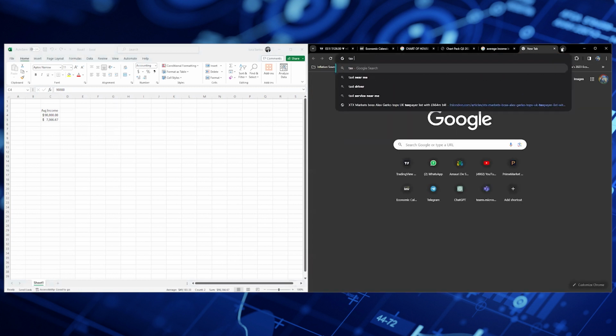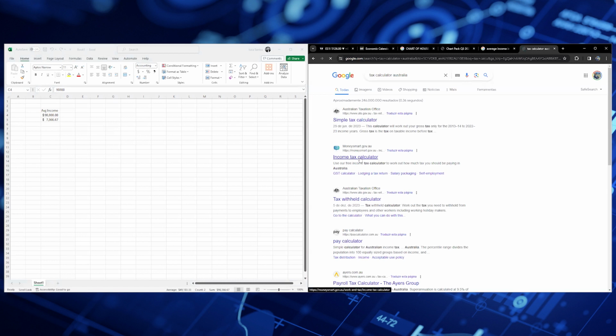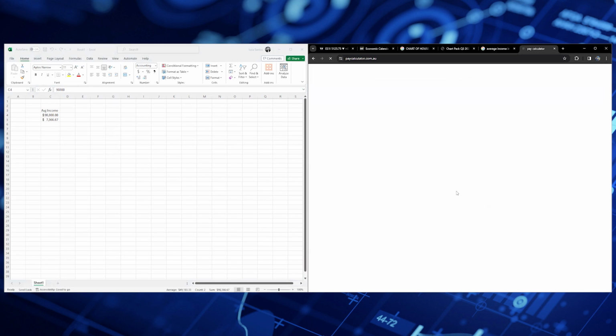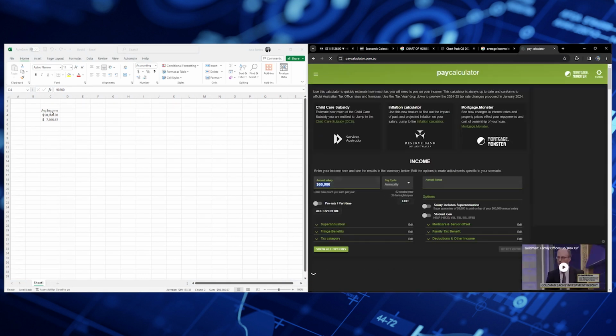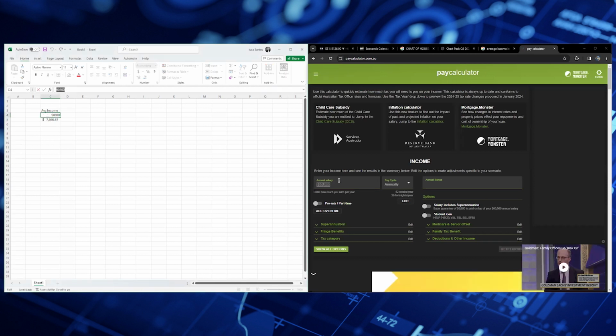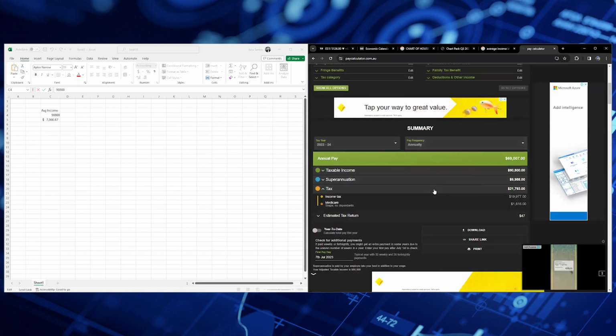Because if we get the tax calculator, and we put the annual salary, 90,800 annually without any bonus, this is how much we're gonna get taxed. $21,793.